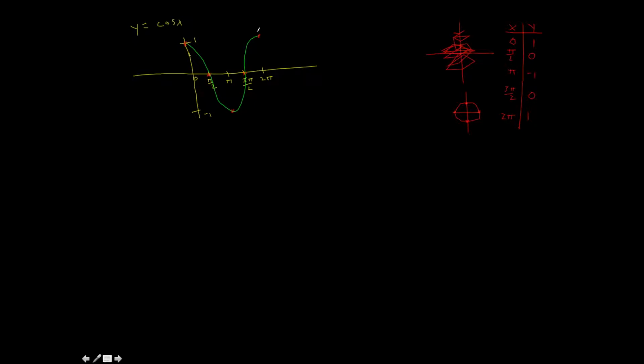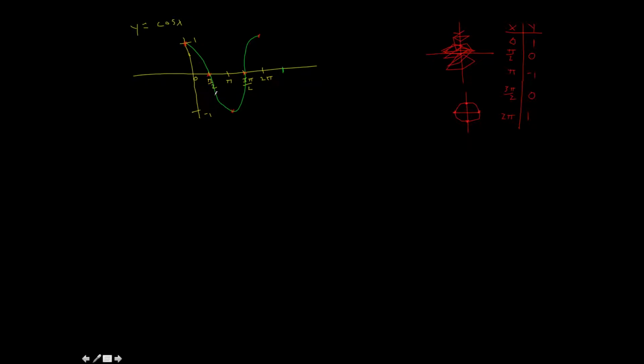Now, think about this. We have an x-intercept at pi over 2 and 3 pi over 2. So notice what we're doing. If you're thinking about where the x-intercept is, well, it's every pi units. So what would be the next x-intercept?